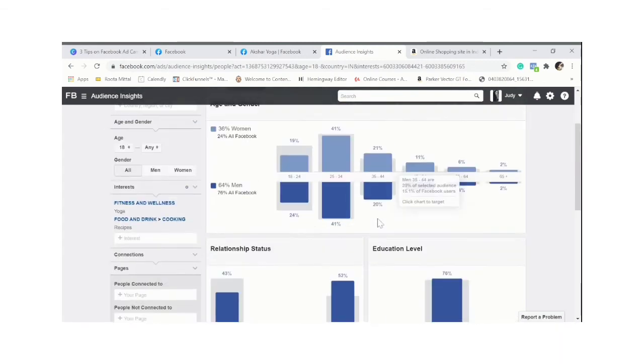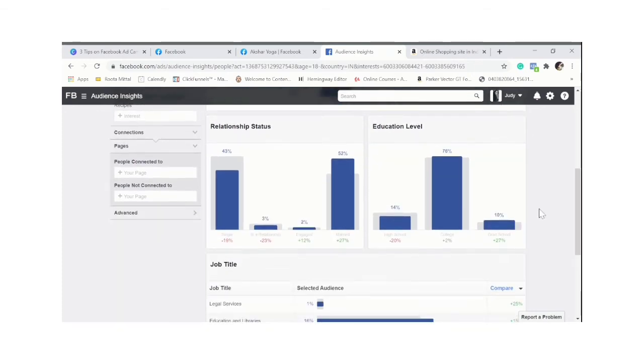But the whole point I'm trying to make is that when you niche it out, they give you an exact graph of the number that you can actually attract. And there you can see relationship status. There is single, about 43%, then there's married, about 52%.